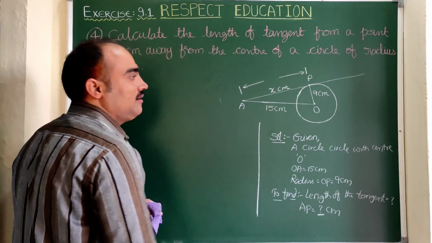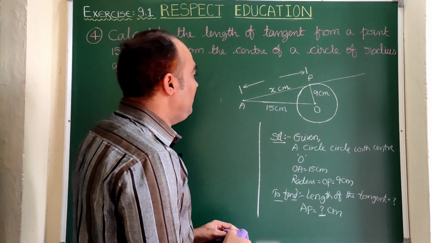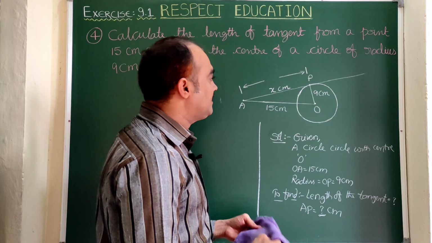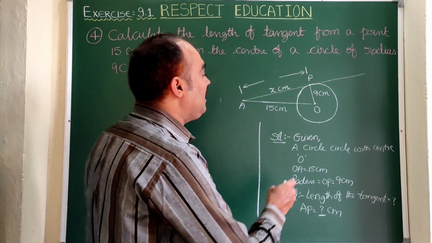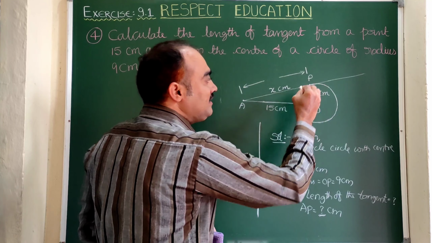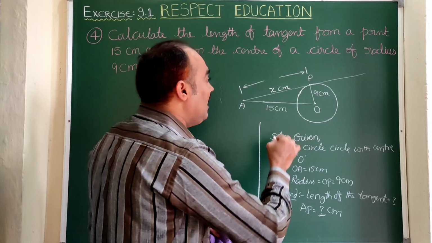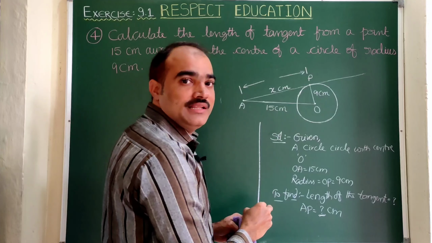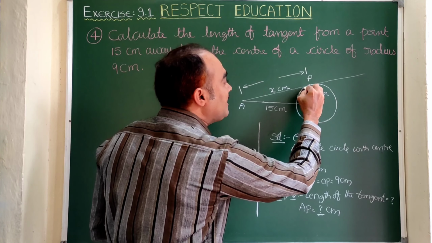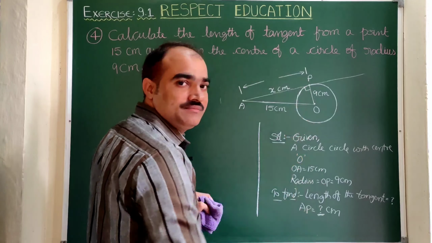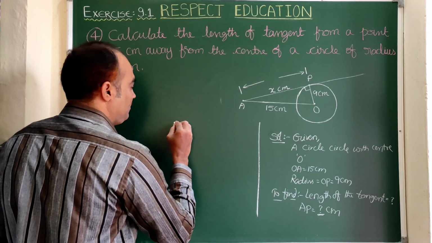So here you observe that we have done a theorem earlier. It says that the angle between radius of a circle and the tangent at the point of contact is 90 degrees. Here I write the statement.